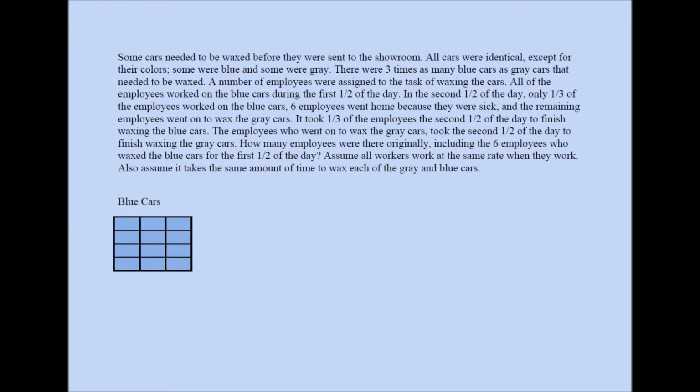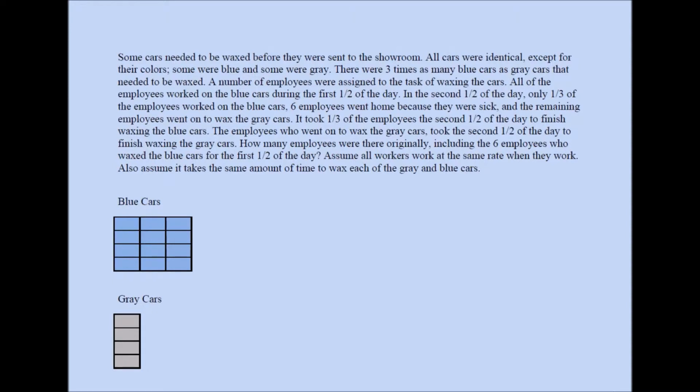And that turns out to be this. This much would be a good representation for the gray cars. Now, the gray cars will have 4 boxes, as we have just described.